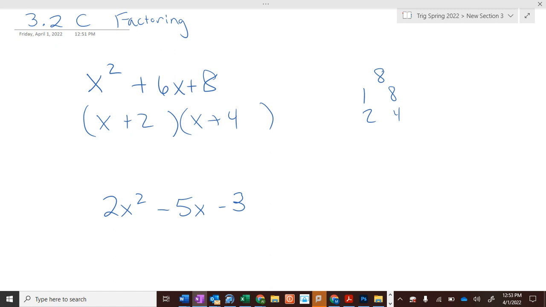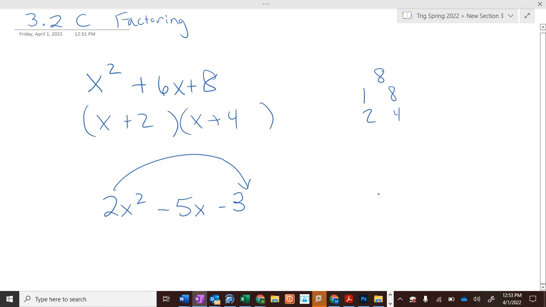Should we do the wheel method, the AC method? If there's a coefficient in front of the first term, and you can't factor something out, and it's not a perfect square, as in the first and last terms aren't perfect squares, then it's the AC method.